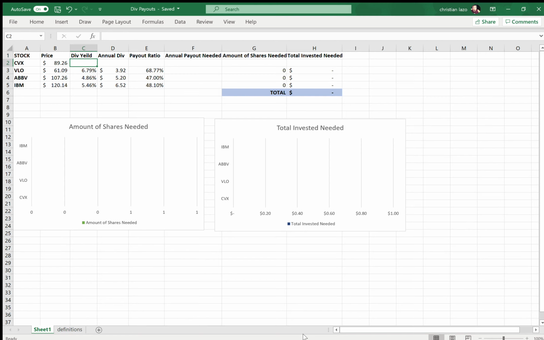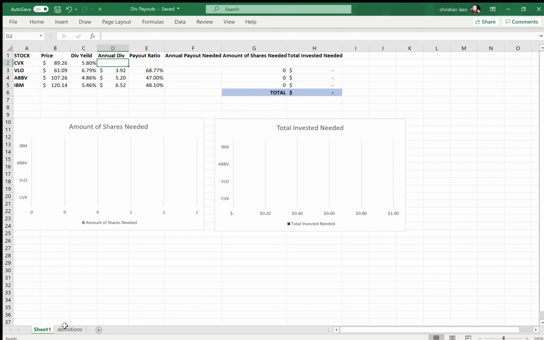Now let's find Chevron's dividend yield. You'll be able to find it right here. I like to use Yahoo Finance, since it gives me a lot of details when I'm researching stocks. Their dividend yield is 5.8%. Go ahead and write that down. That's within the range, which is pretty good.